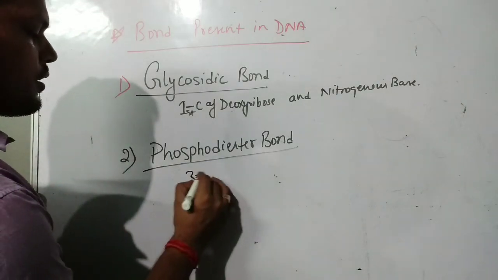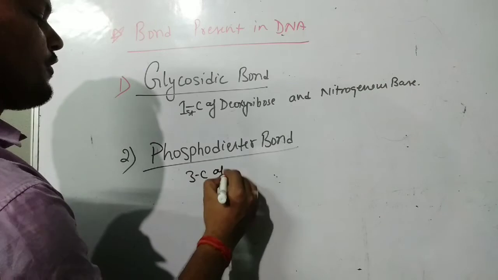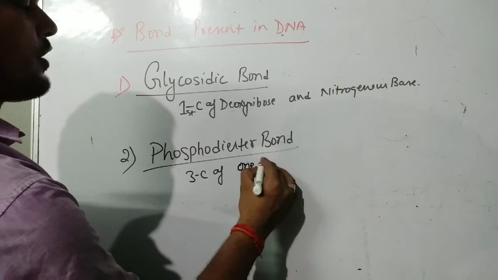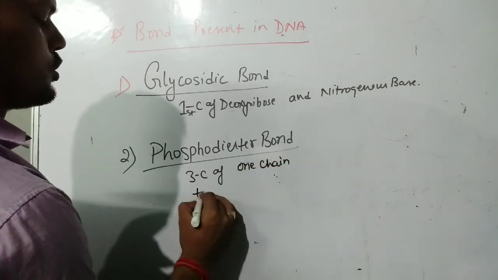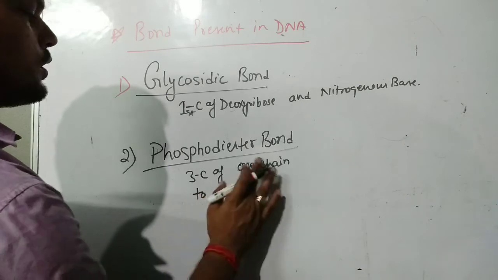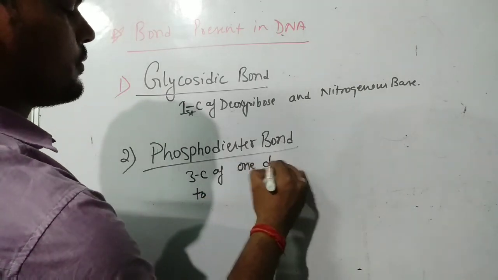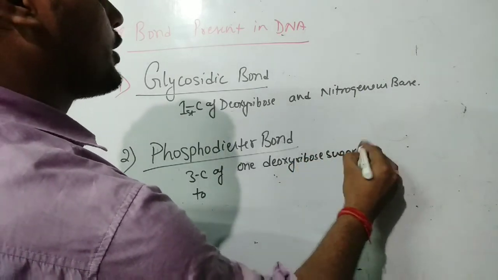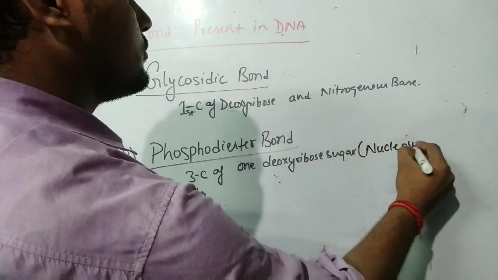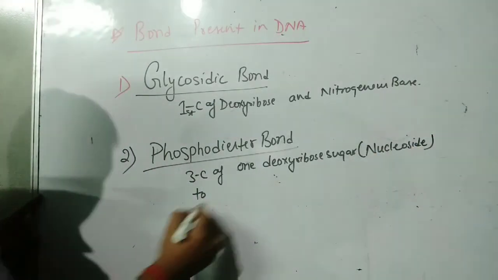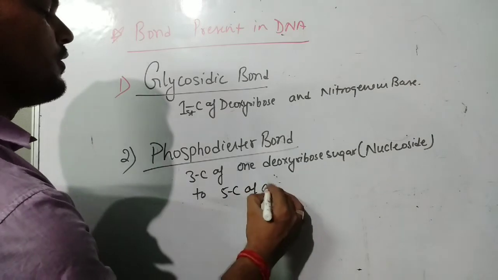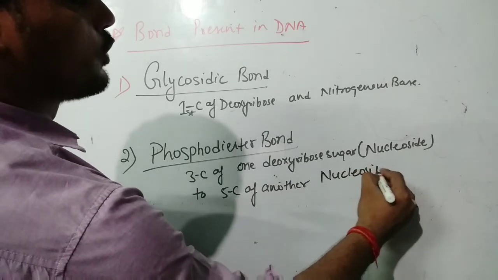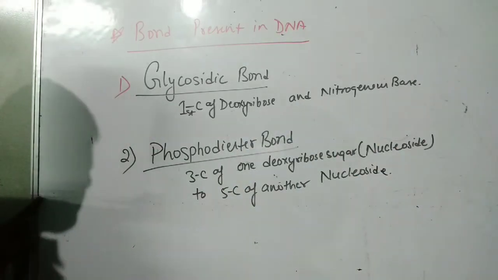It is present between third carbon of one chain, you can write, or one ribose sugar, you can write better, one deoxyribose sugar, or you can write nucleoside, to fifth carbon of another nucleoside. ये आपको समझ में आ गया?